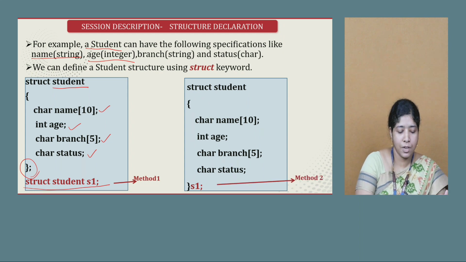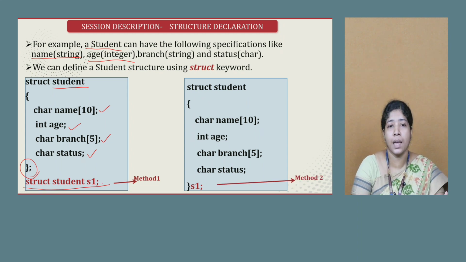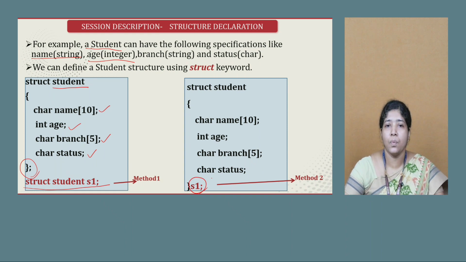See the difference here, where I'm giving the name directly. So you have to make a note that this is a direct naming, and this can be done in the main function there. Okay, so now we will see how to assign values into this category of structure and how to access them.